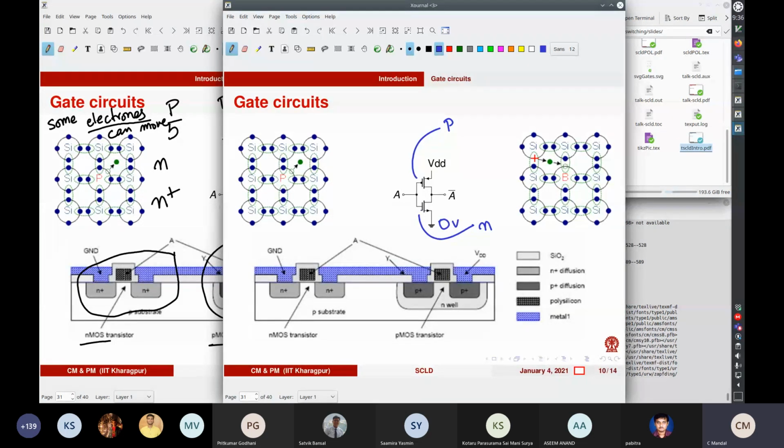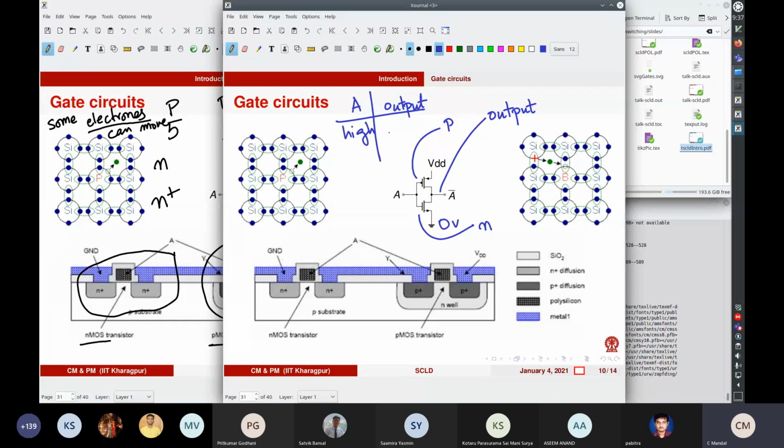So you have a conducting channel between the output and ground, so the output is going to go low.